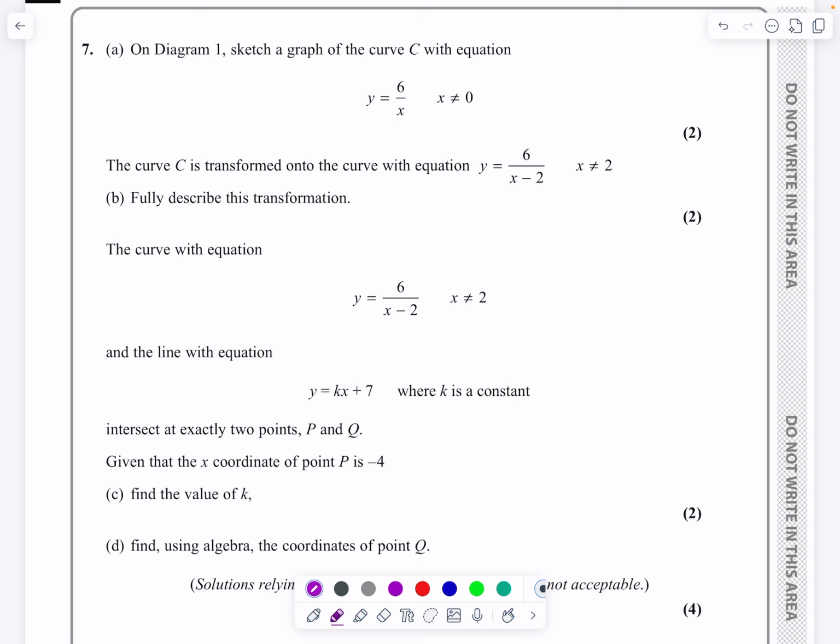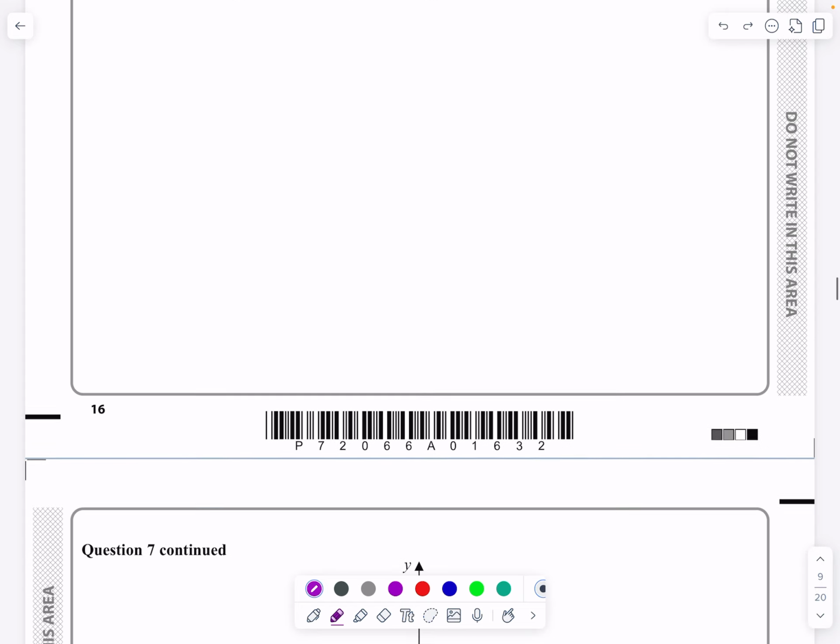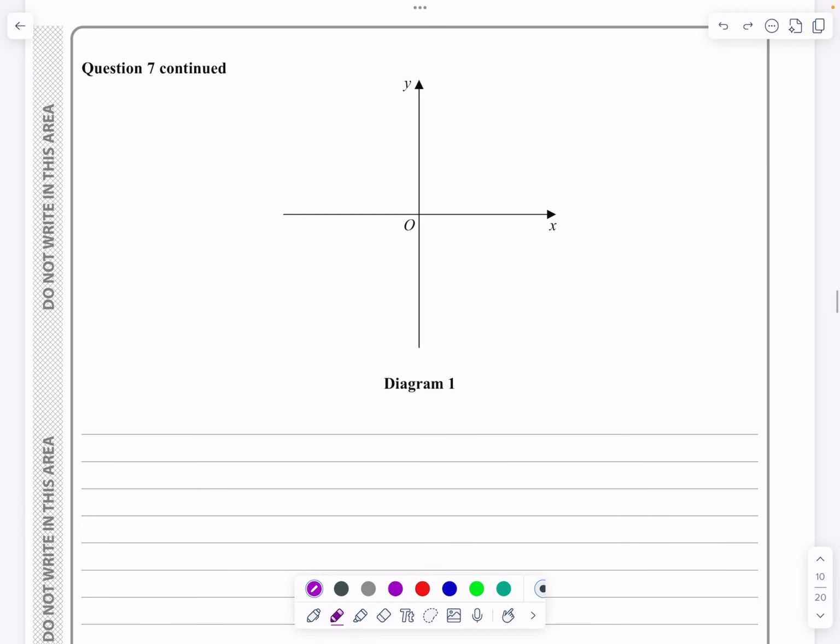It says, on the diagram, sketch a graph of y equals 6 over x. So 6 over x, the reciprocal graph, is one of the many graphs that we should just know the basic shape of. You should know quadratics, cubics, your trig functions, but in particular 6 over x is just the reciprocal graph.